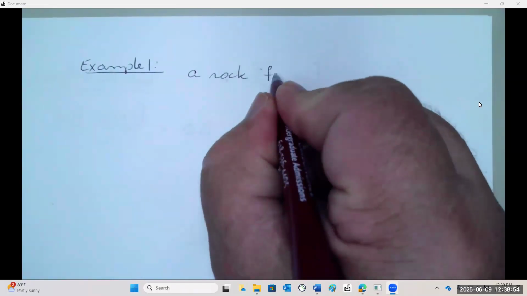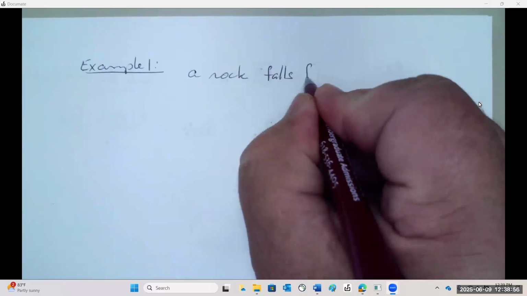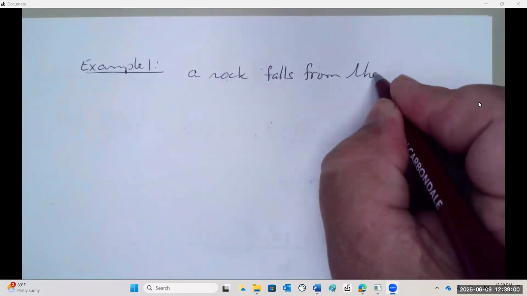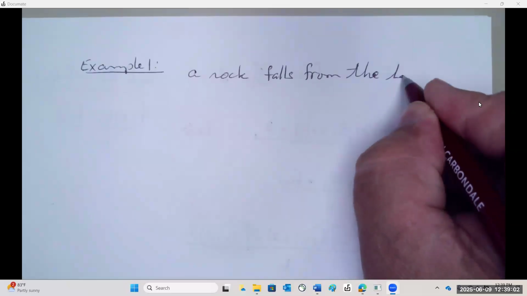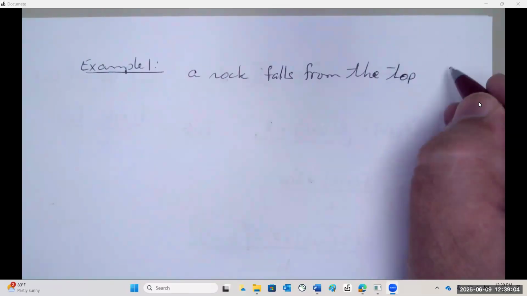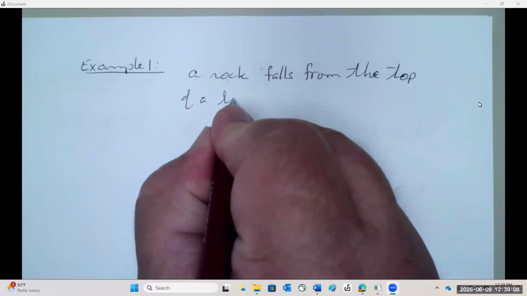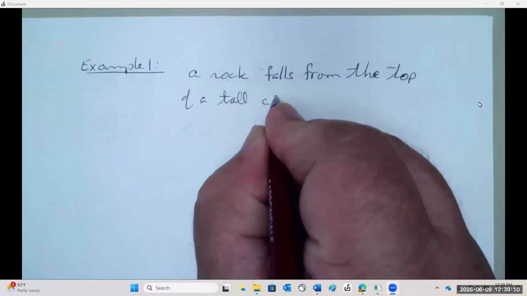A rock falls from the top of a tall cliff.